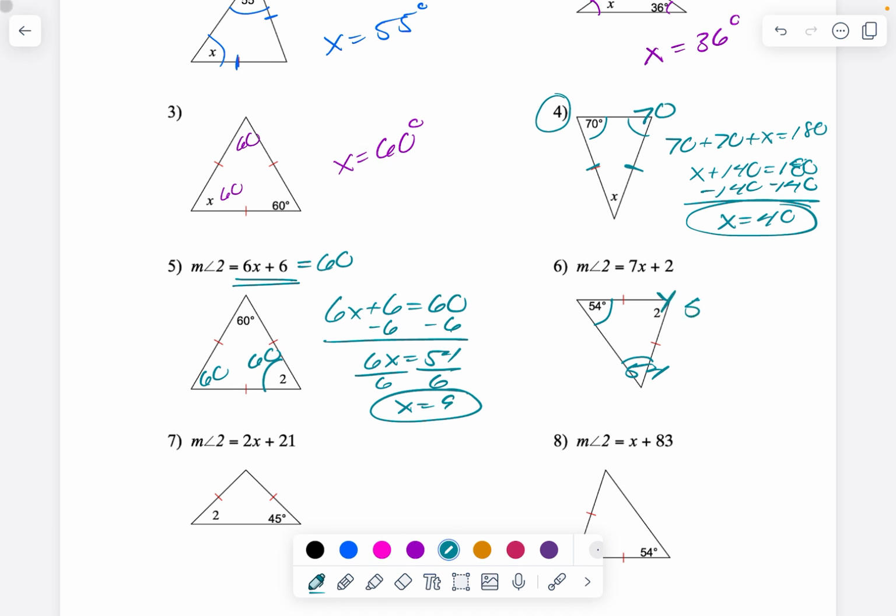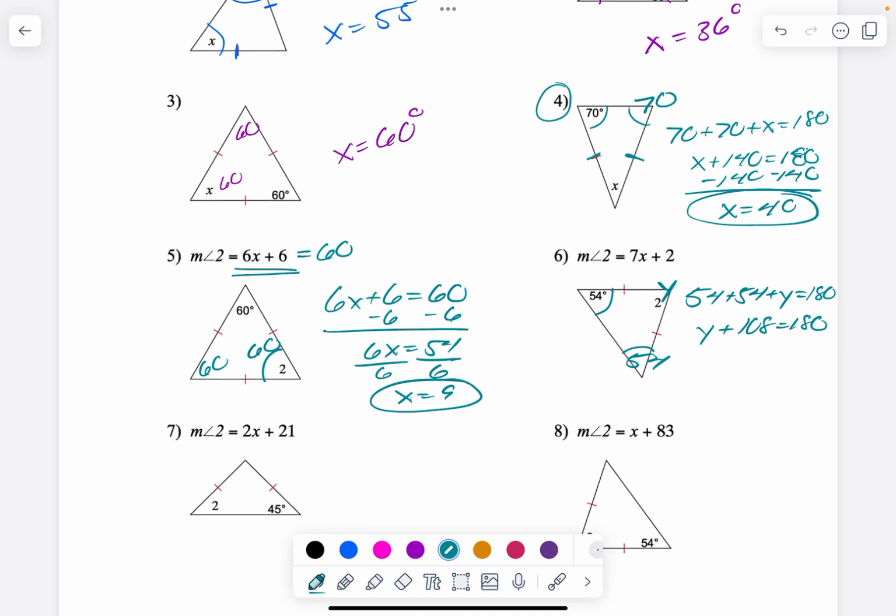So just like up above, we have 54 plus 54 plus y equals 180. So y plus 108 equals 180. And subtracting 108 from both sides, we get y equals 72. So this angle is 72 degrees.